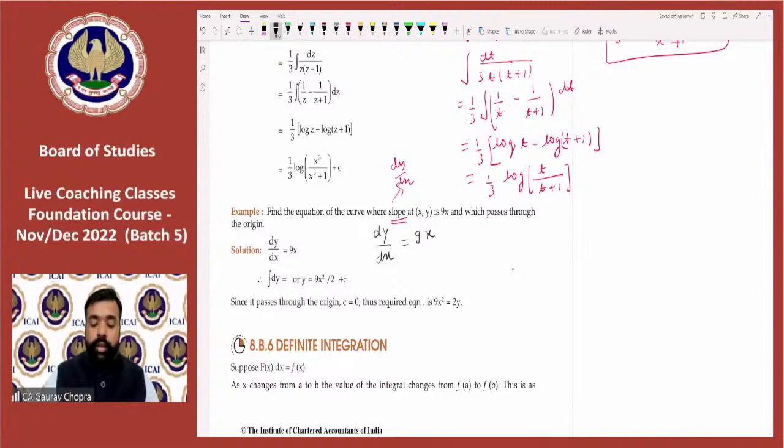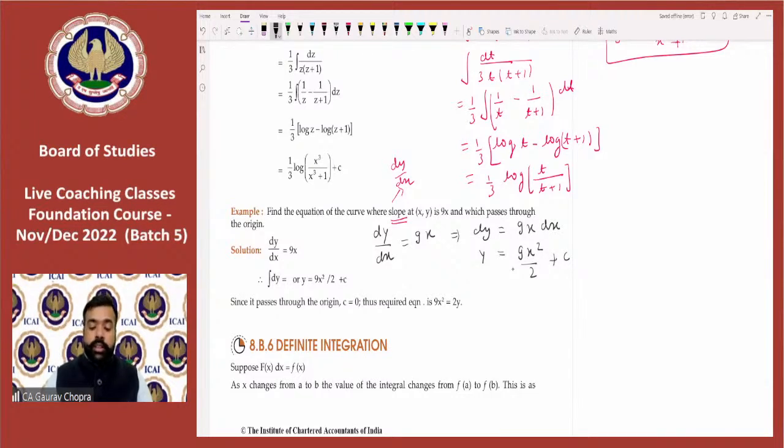So now it passes through the origin also. So we can write this as dy is equal to 9x dx. If we integrate both the sides, the integration of dy becomes y and the integration of 9x becomes 9x squared divided by 2 and then plus c.